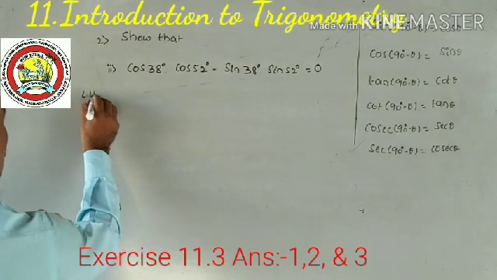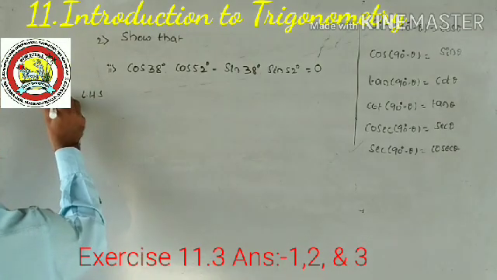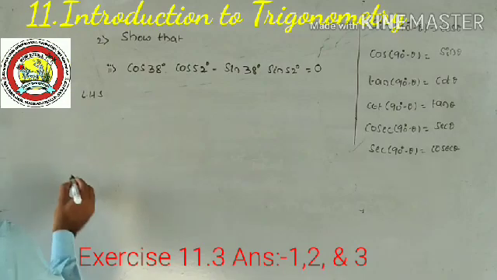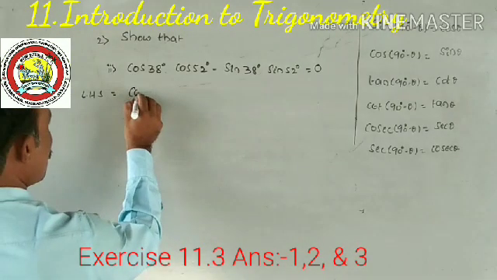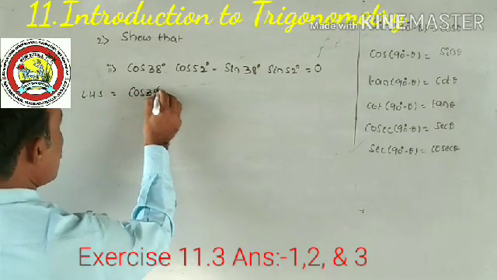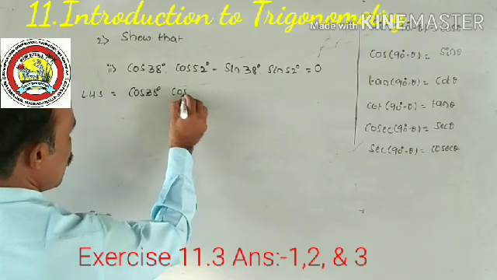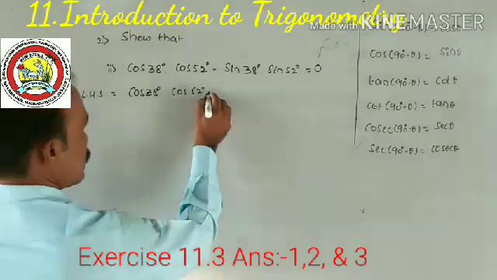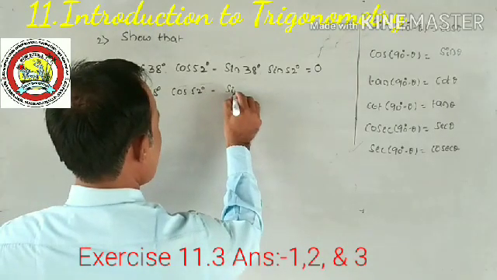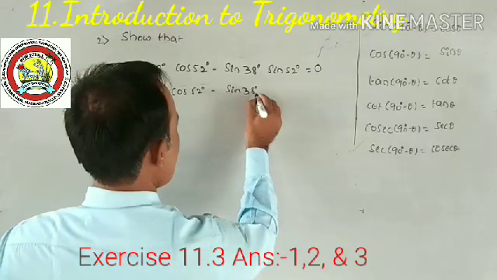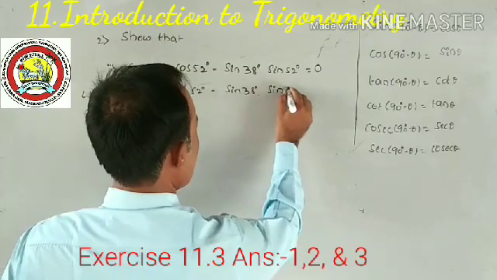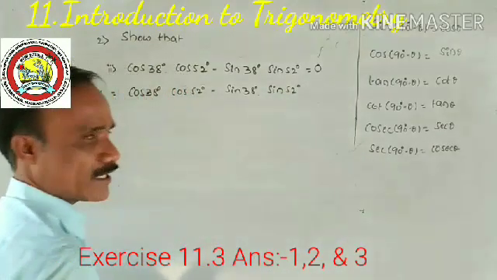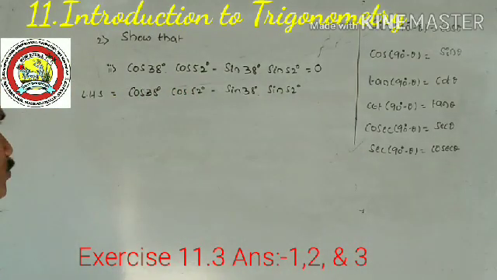Consider LHS. Solution: cos 38 into cos 52, next minus sin 38 into sin 52. Don't just write that it is equal to 0; you should prove it.